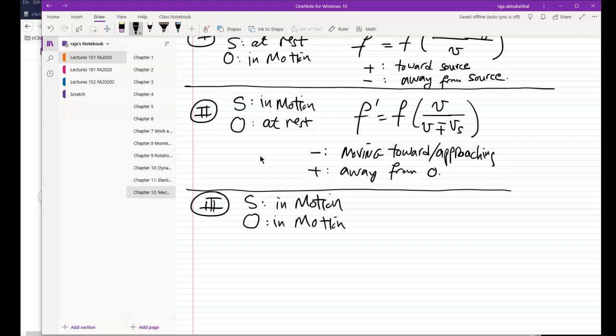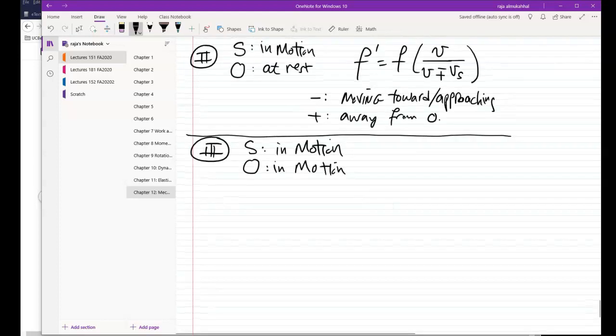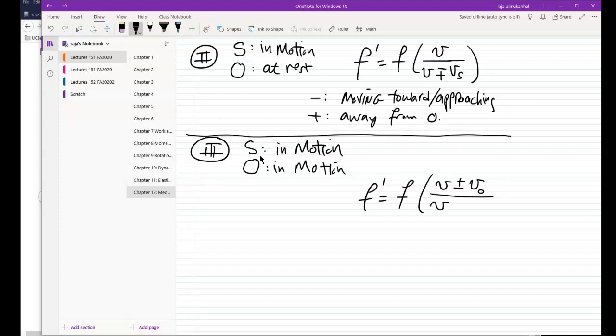Again, we have a different scenario. So here the observed frequency, F prime, is going to be the frequency of the fire truck, if you will. And that's equal to F times V, notice the plus and minus, plus minus VO over V, watch this, minus plus VS. Okay, write it exactly as you see it, guys.